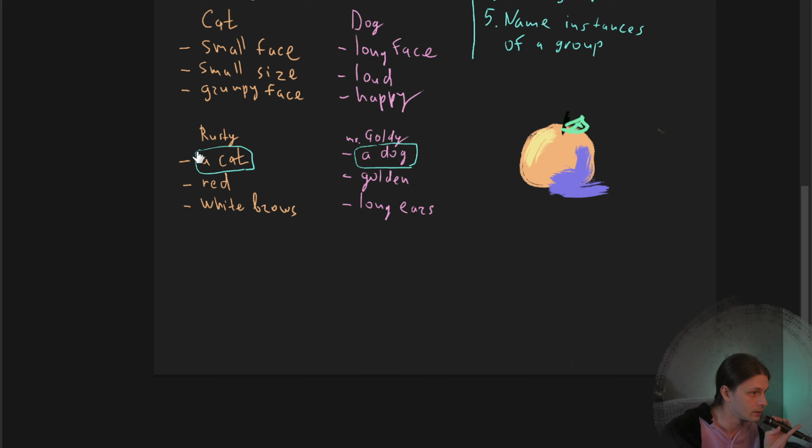Let's draw something small. So we have something extremely abstract, and we have something extremely specific. It just cannot be more specific than this.